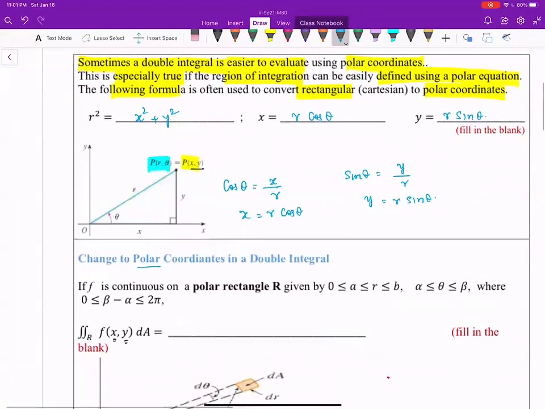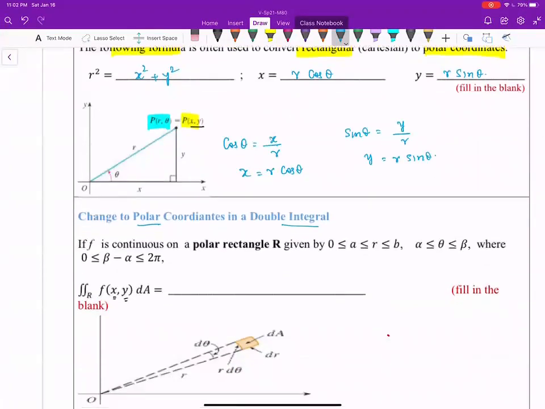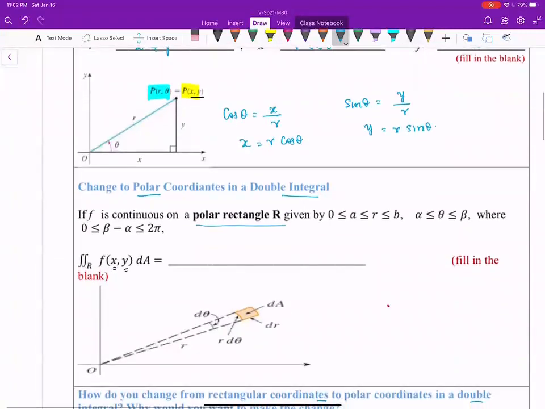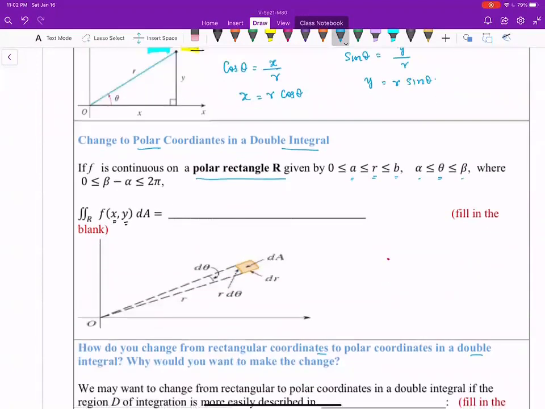Change to polar coordinates in a double integral. If f is continuous on a polar rectangle R, where 0 is less than or equal to a, less than or equal to r, less than or equal to b, which means r lies between a and b, and theta lies between alpha and beta, as shown in this picture.